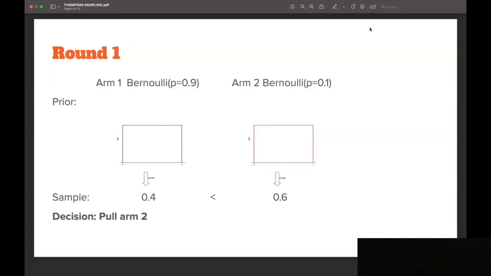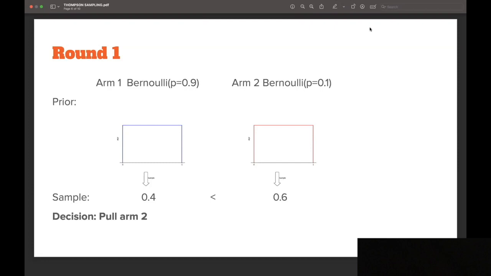To understand how Thompson sampling works, let's see a simple example. Assume that we have only two arms distributed according to the Bernoulli distribution, with the first arm having an expected return of 0.9 and the second arm having an expected return of 0.1. Clearly, arm 1 is a better arm, and we would like to pull arm 1 as much as possible.